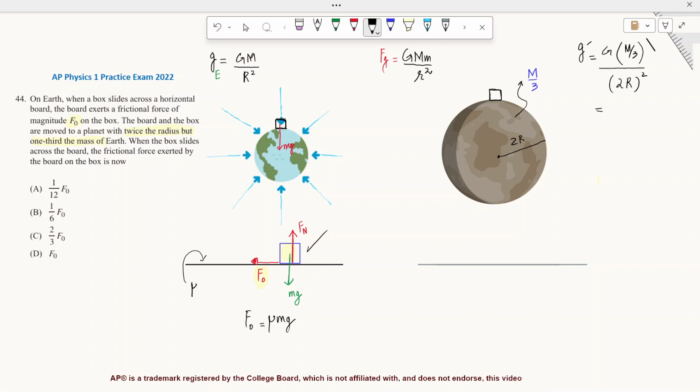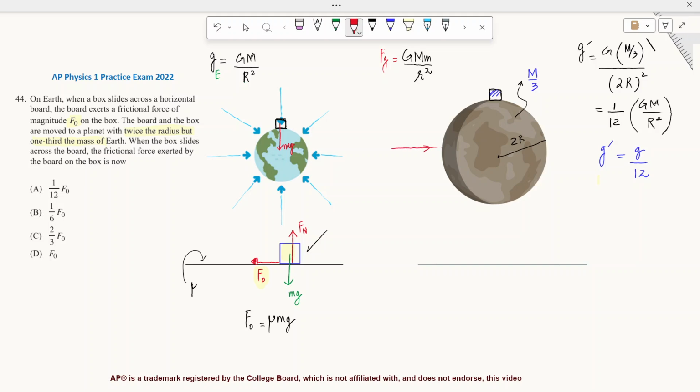Which means that it will be 1 over 12 into GM over R squared. It means that compared to the Earth, its gravitational field strength is 1/12, which shows us that it has a very weak gravitational field.